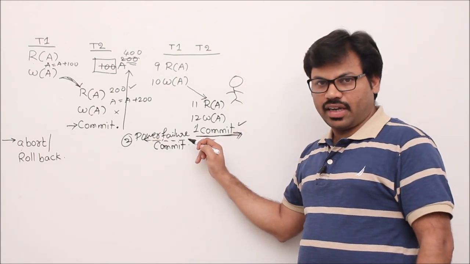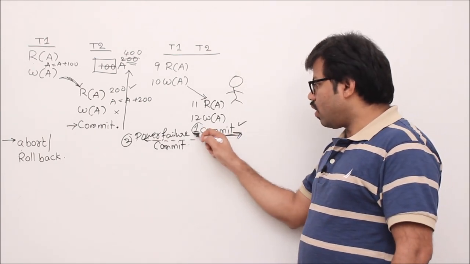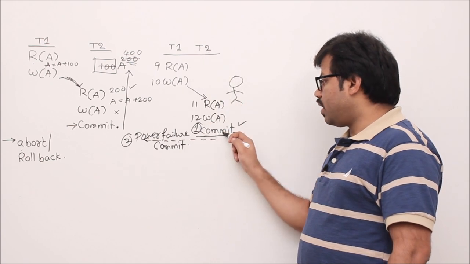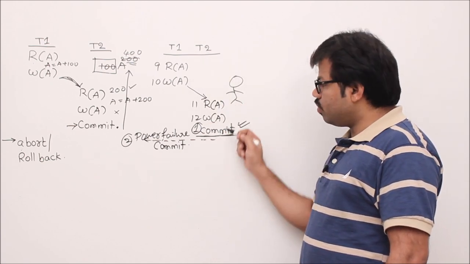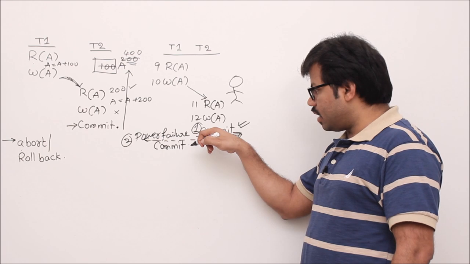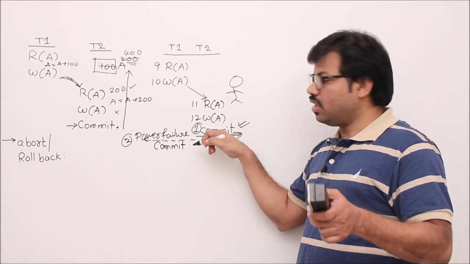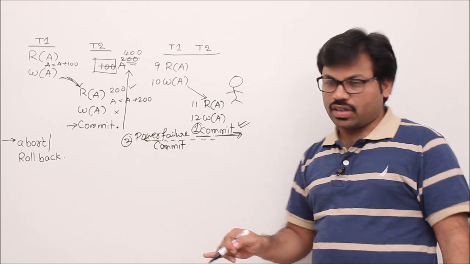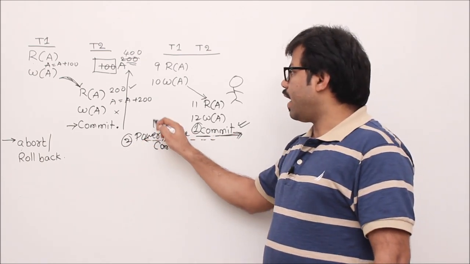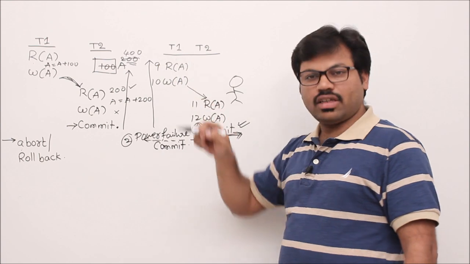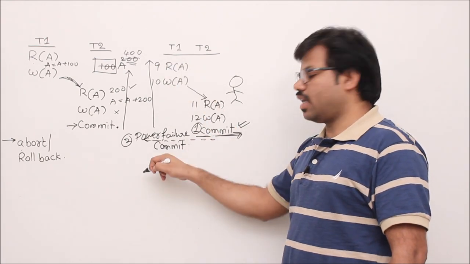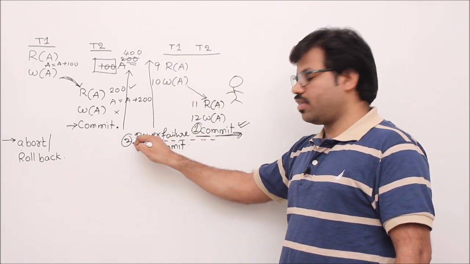Yes, sometimes it may, correct? The reason: at 1 o'clock this T2's commit happened, and assume that your database management system accepts it, that means it executes the commit instruction and at 2 o'clock power failure occurs, then we have to cancel this transaction. We don't have any other option, because this is a partial transaction by this point, correct?